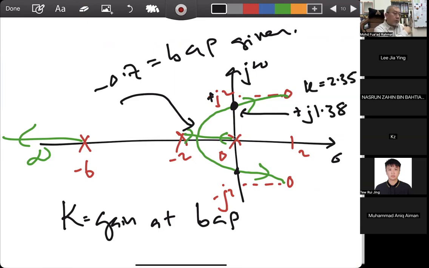Okay. So this one we know the point, which is minus 0.7, but we don't know the K. So how to calculate gain K over there?